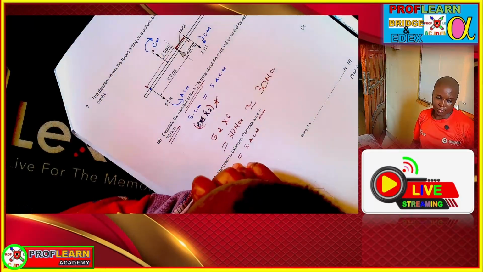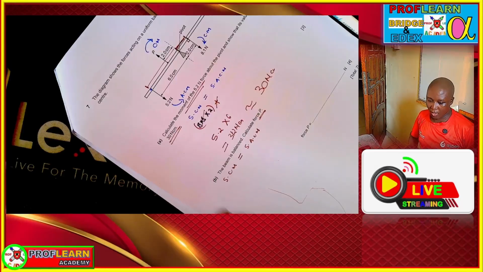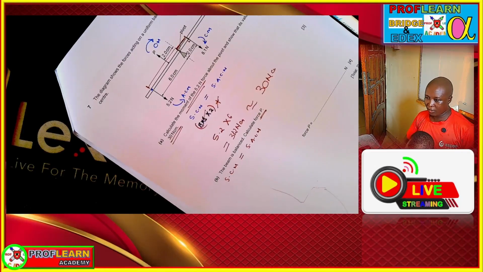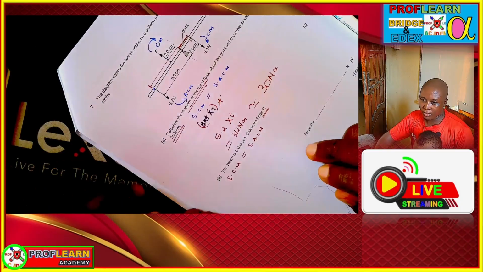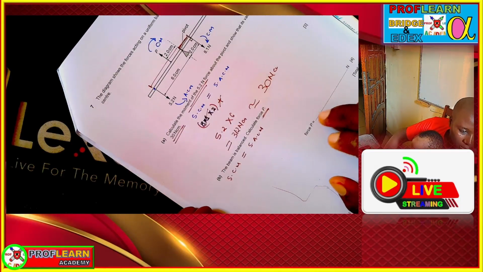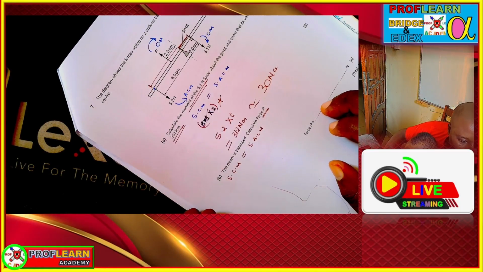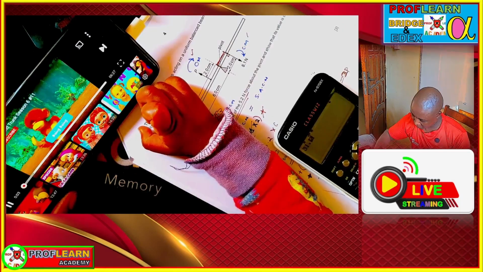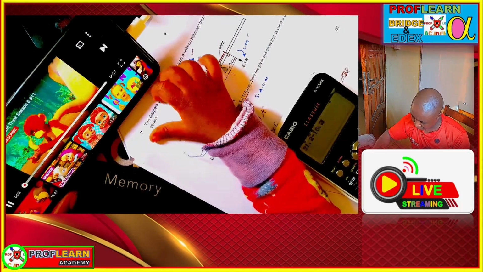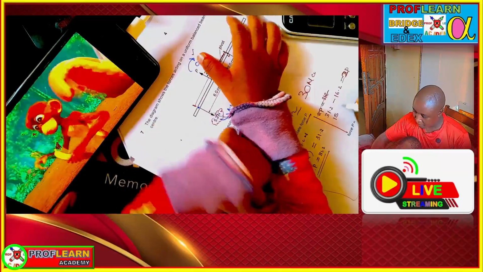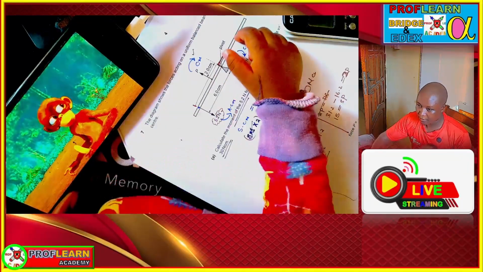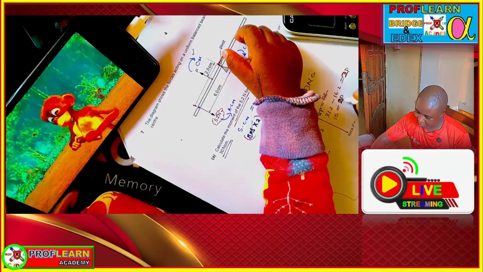So we are going to see how we are going to work out that value of P, whereby we shall be using clockwise moment is equal to anti-clockwise moment. 15 is equal to 2P.